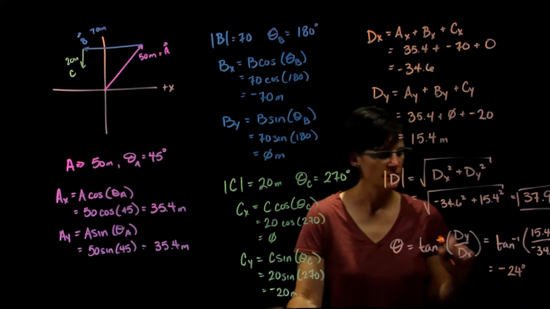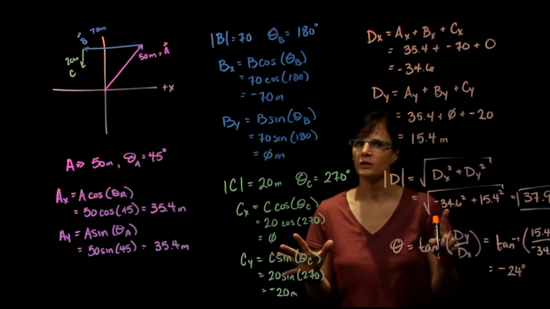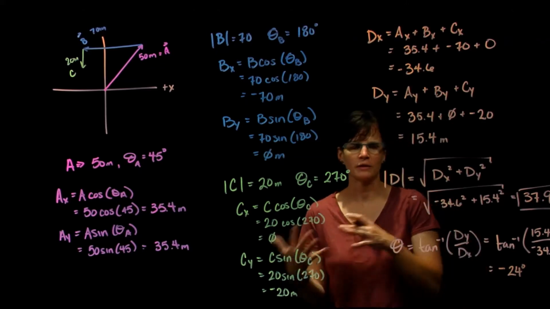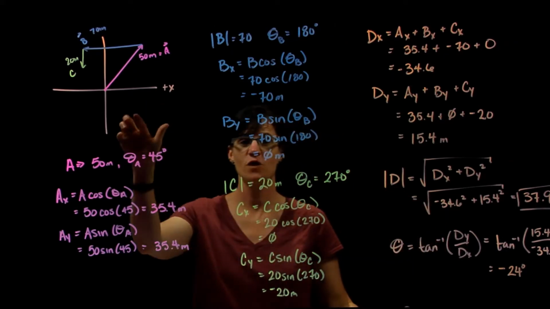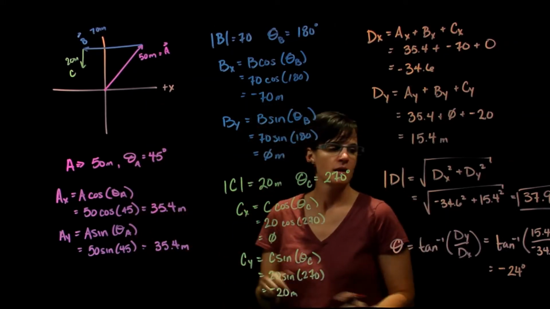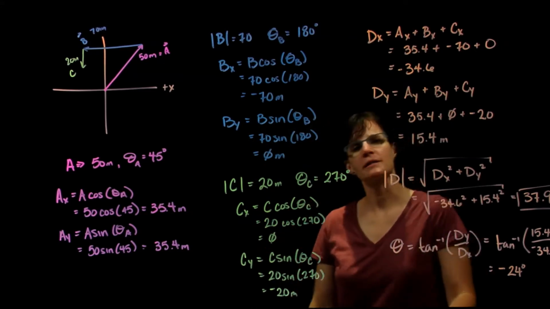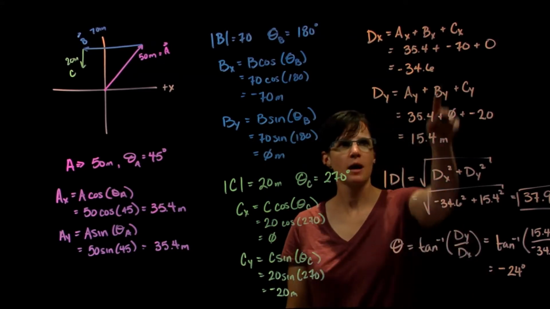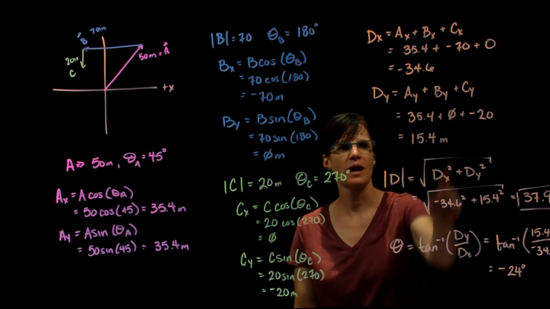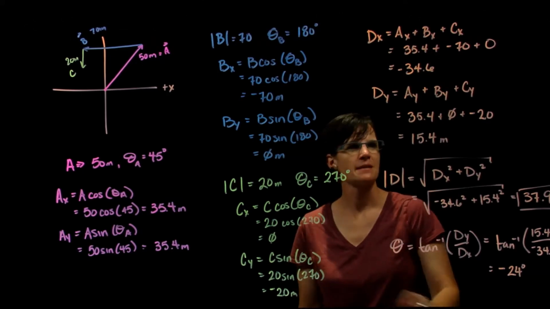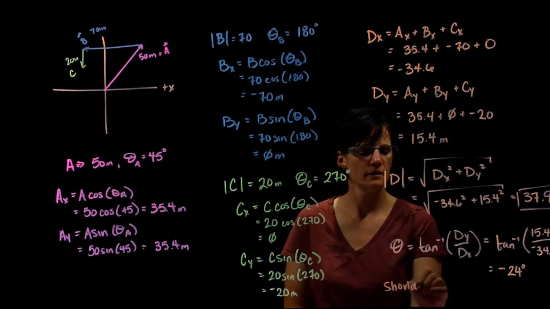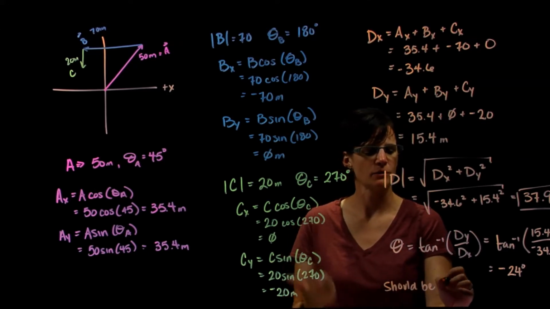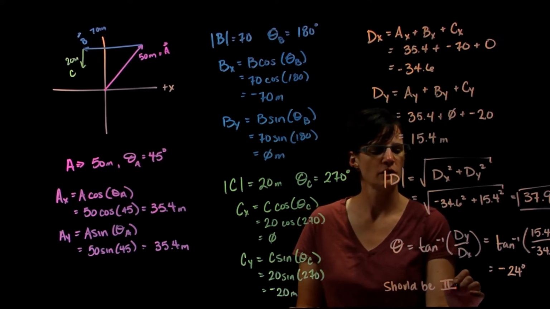Now, this is where we have to always be careful. Is it really negative 24 degrees? That means it is in quadrant number 4. So we want to make sure we look at our x and y components. Our x component is negative. Our y component is positive. With a negative x and a positive y, it should be in quadrant 2.